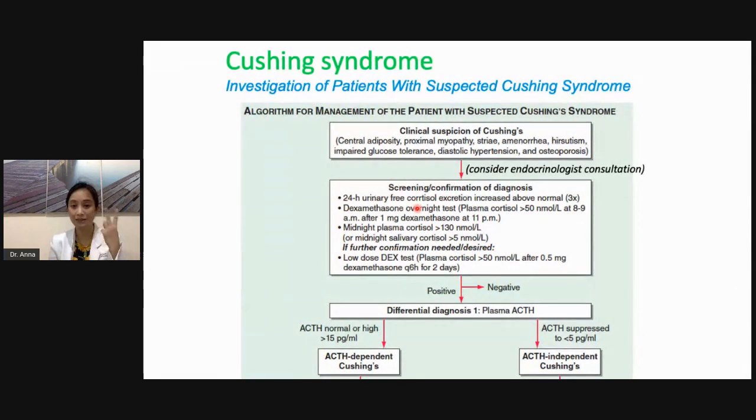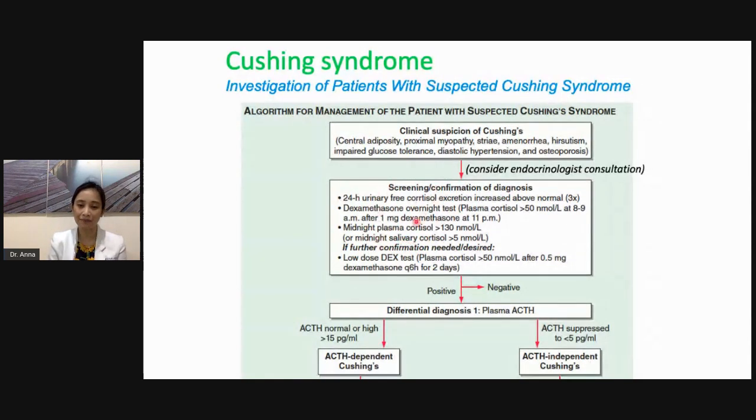Usually we do at least two, just to be sure. Let's say we can do one urinary free cortisol excretion, and it has to be 3 times the upper limit of normal. Plus, we do a low dose dexamethasone suppression test. Sometimes we do the dexamethasone suppression twice, or we do a midnight plasma cortisol.